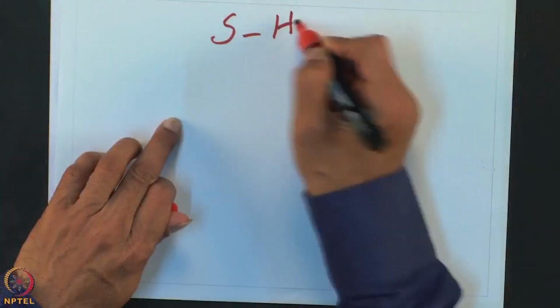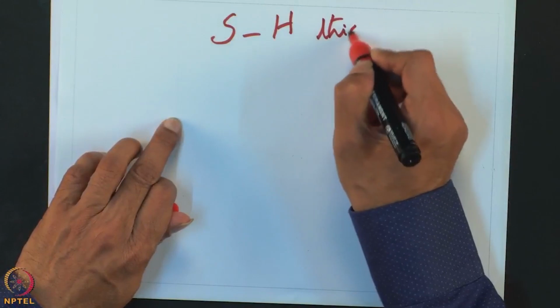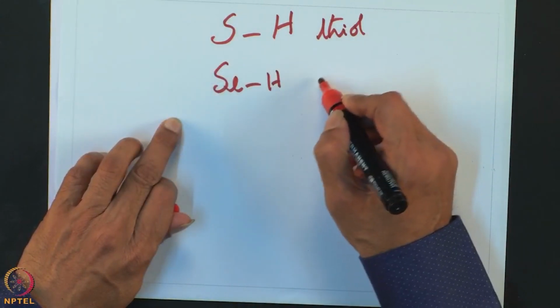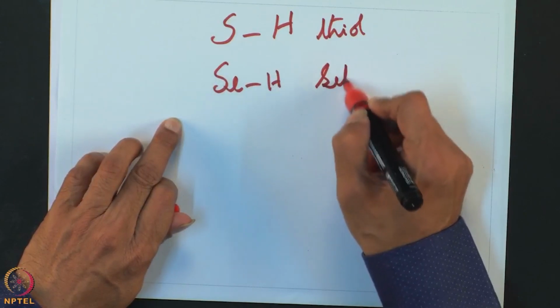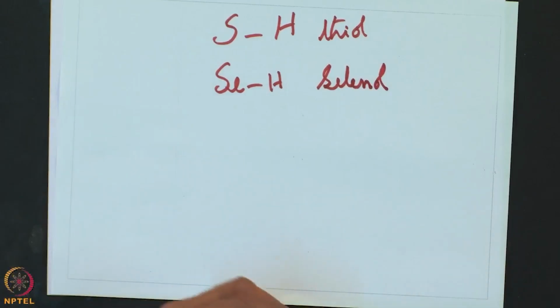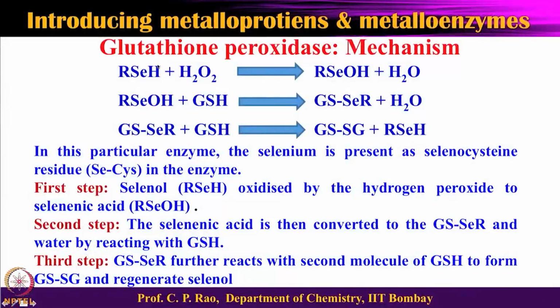You have SH, you call it a thiol, and SeH you call it a selenol. Okay, thiol and selenol.